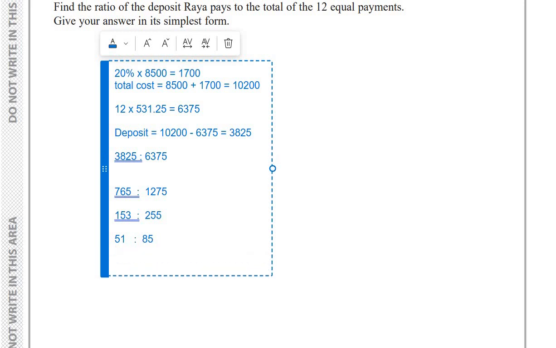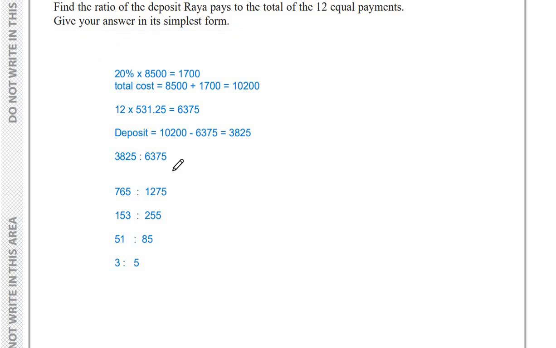And then if you divide by 17, you're going to get the simplest ratio. So what we have done here is divide by 5, again divide by 5, divide by 3, and divide by 17.